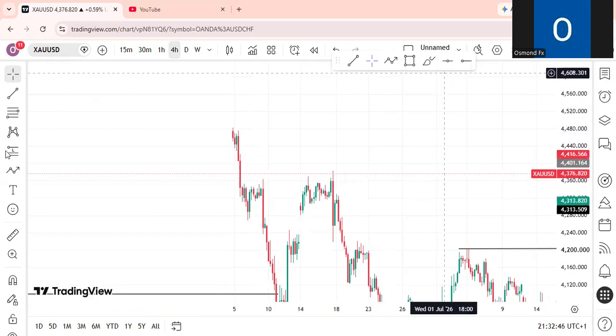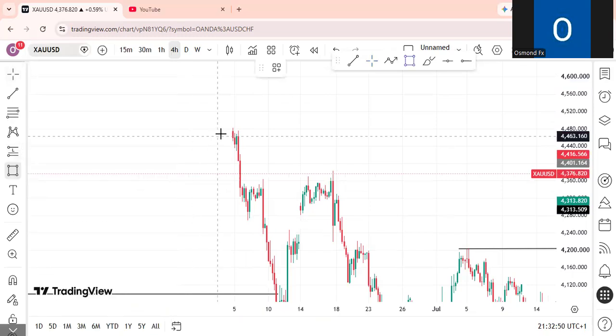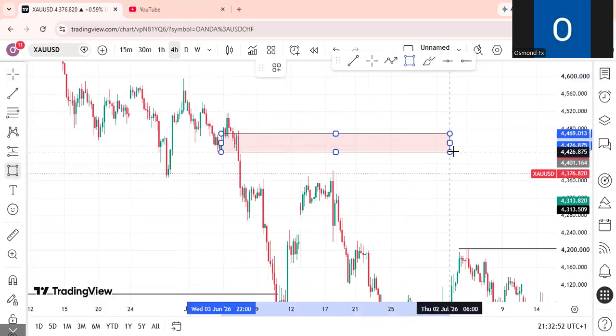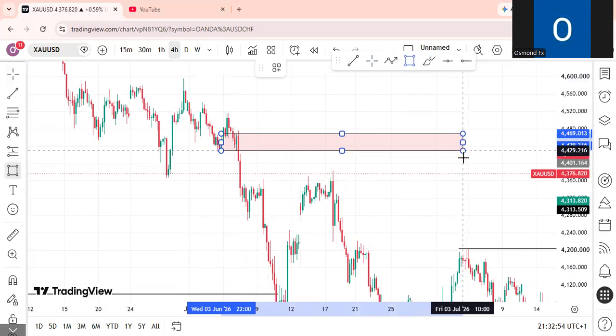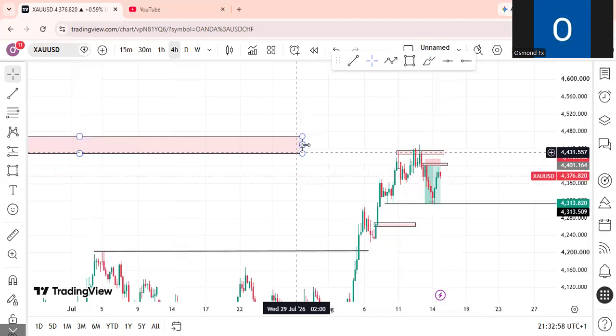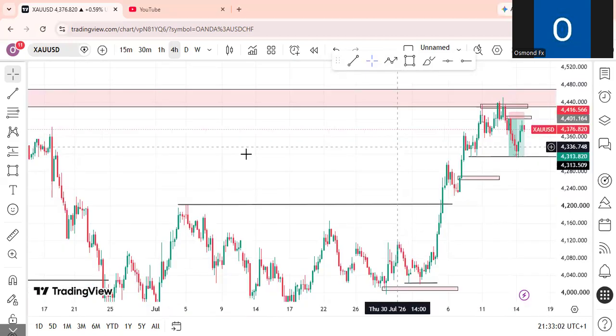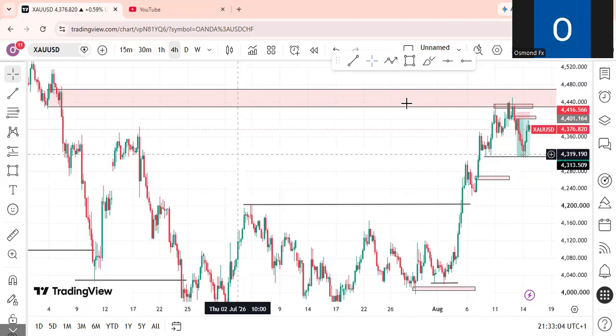This was the supply zone here. This area was where I was anticipating gold to come back to. You can see the market bought from here to come and touch the supply zone.